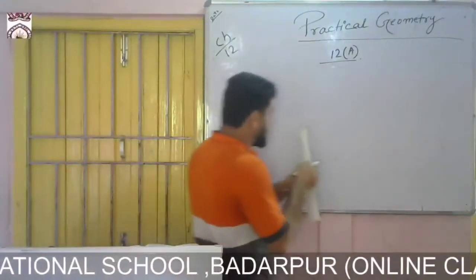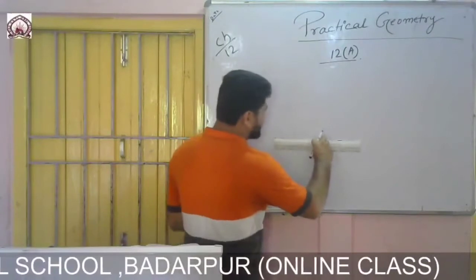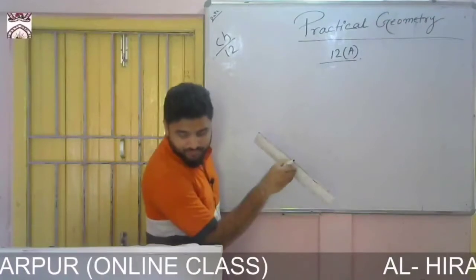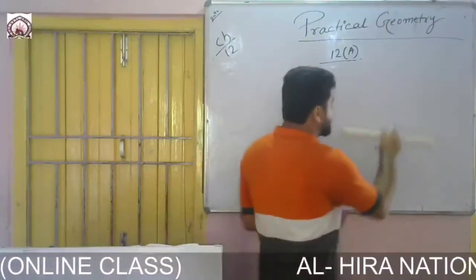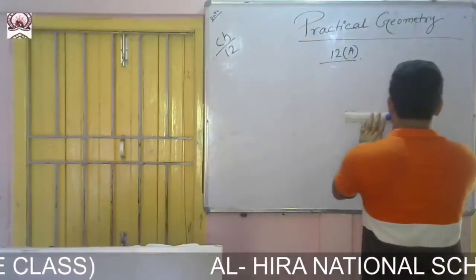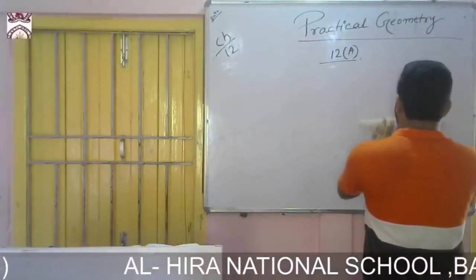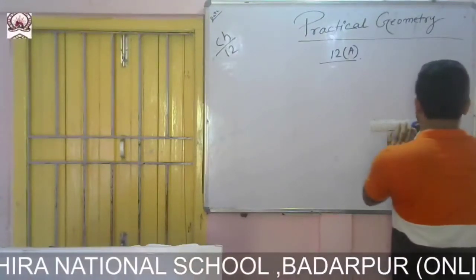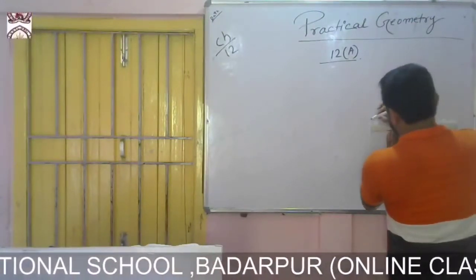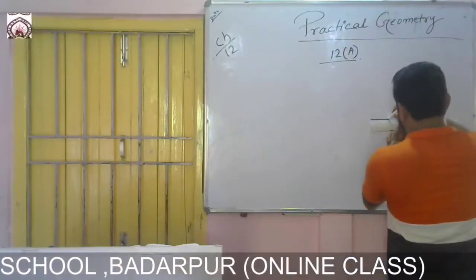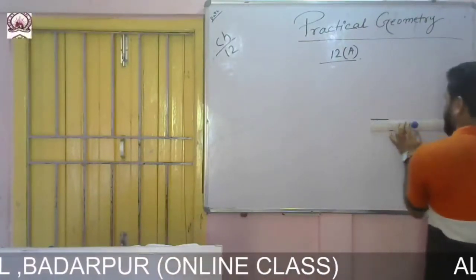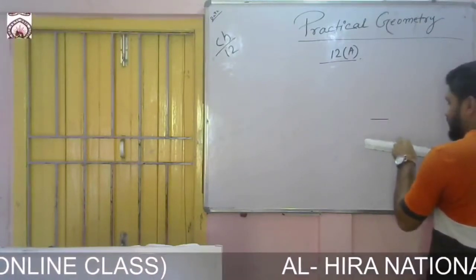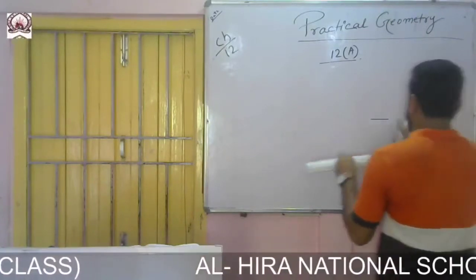You take it like this, AB of length 6.5 centimeter. So if I take from there, then it will be 6.5.